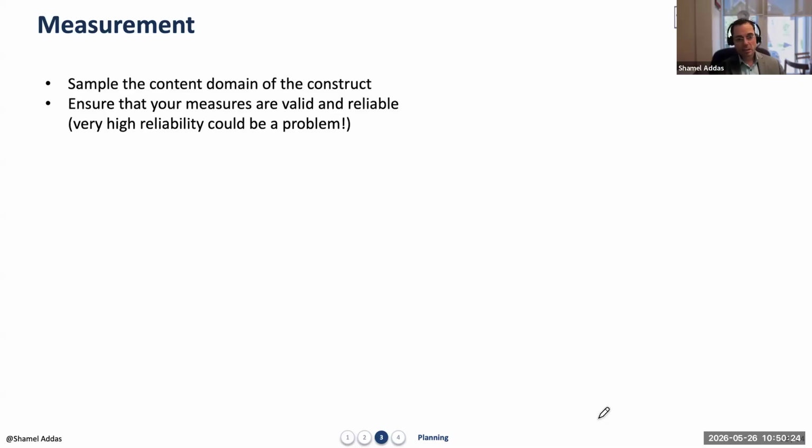That's very important. You need to ensure that the measures are valid and reliable. And there are tests that allow you to measure reliability and validity, convergent validity, discriminant validity, and so on. Reliability is important, but it could also be a problem. I see papers where the authors are very happy because they get a Cronbach alpha of 0.97.